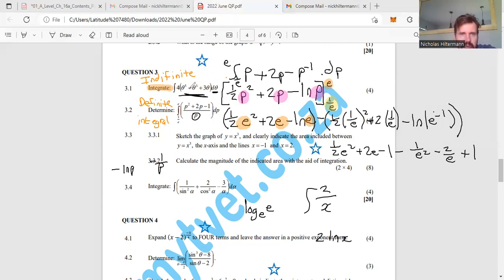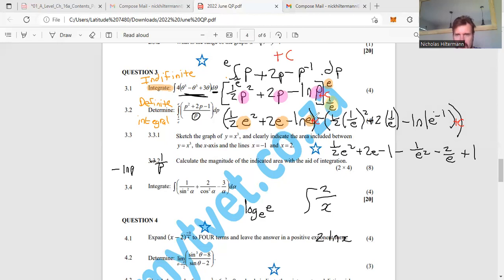Okay. So for this 3.1, our answer there, we had to say plus c. And here we just need to say plus c and plus c. Because what happens when you find the definite integral is your c's go away because you're subtracting. So the c's always cancel. So you never have to worry about the c's, but you have to put them in.